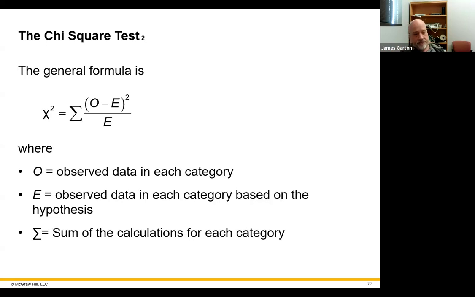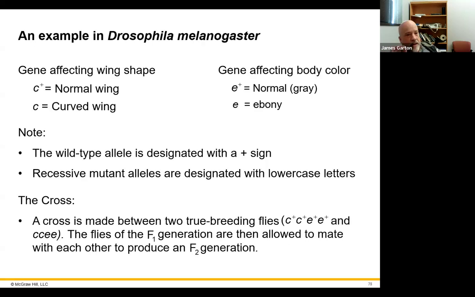And so, for example, you look at a dihybrid cross. You look at fruit flies, and you have the allele C plus, which is normal, and C, which is curved. And then you have body color. E plus is normal, which is grayish, and E is ebony.